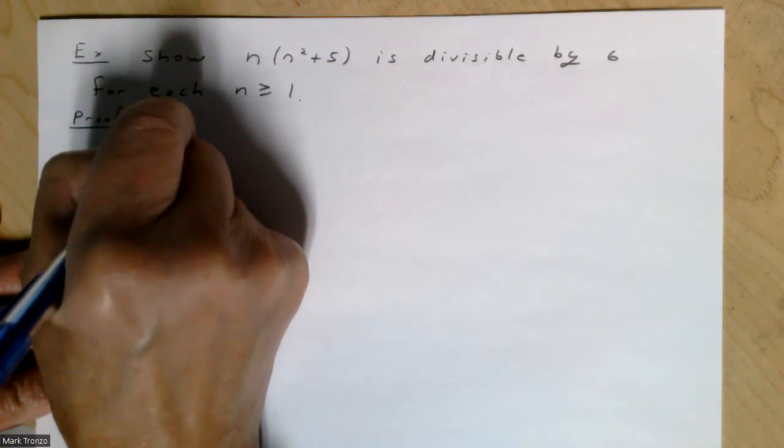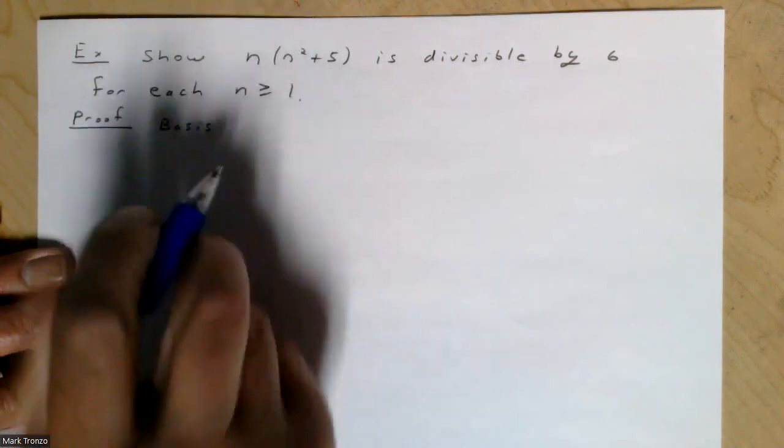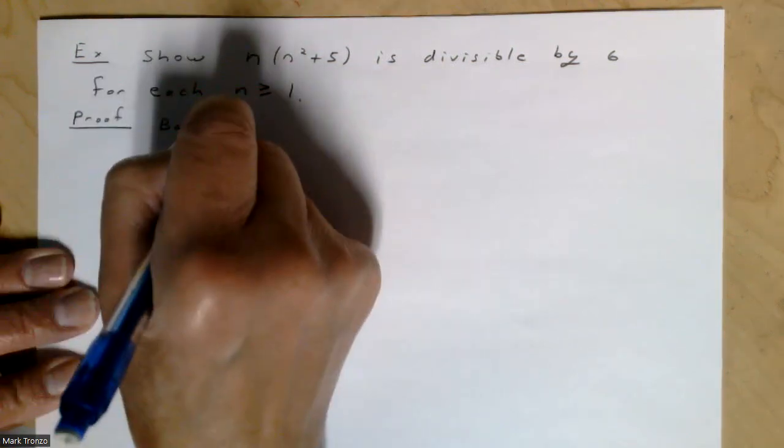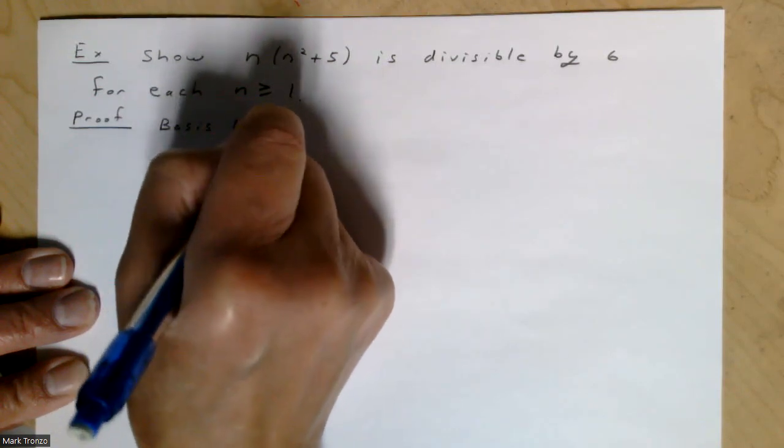And do the basis step. Once again, it's wherever our starting point is. And n equals 1.